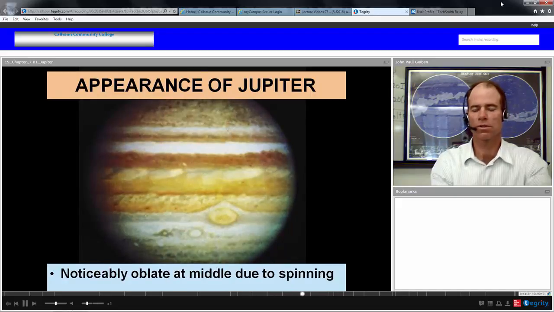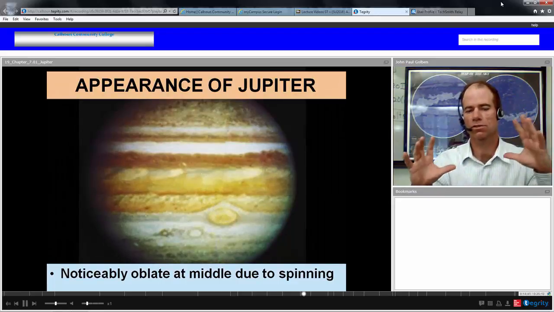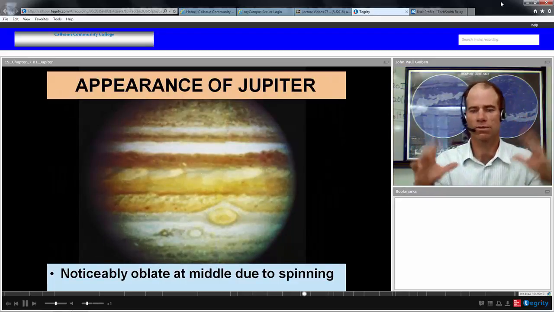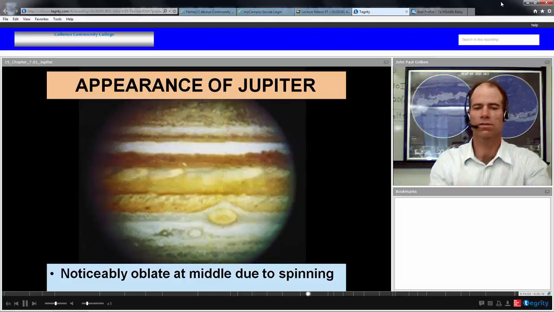Here's the appearance of Jupiter. It's noticeably oblate at the center, which means that it's not purely spherical, but kind of egg-like shaped, with a greater diameter at the equator due to the centrifugal force of spinning.